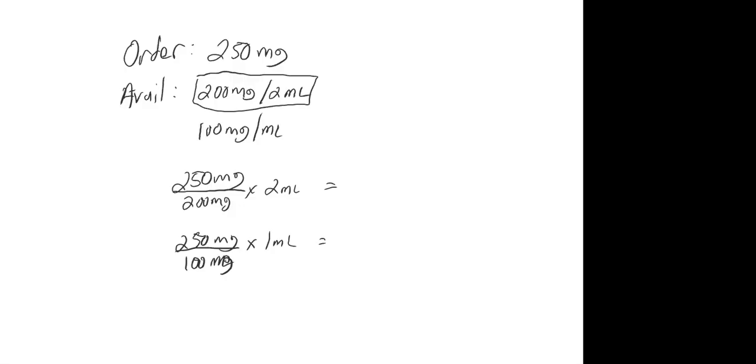Plugging into my calculator, 250 times 2 divided by 200 gives 2.5 milliliters. If I do the same thing here, 250 divided by 100 is 2.5 milliliters. Notice that my answer is the same no matter which one you use. The important thing is that you use one or the other.